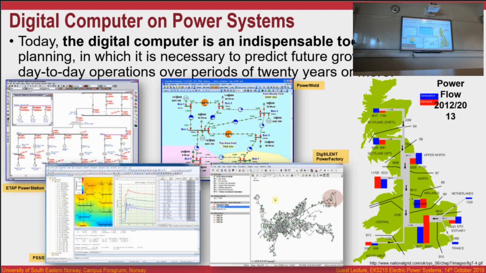Here is the German competence to DIgSILENT PowerFactory. That is the PSSE, another software again for power system analysis. All the softwares over there, they are commercial software. They are pretty good. They have been developed by very, very knowledgeable people.